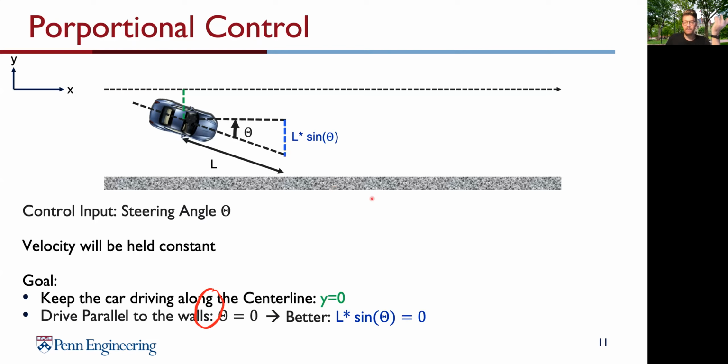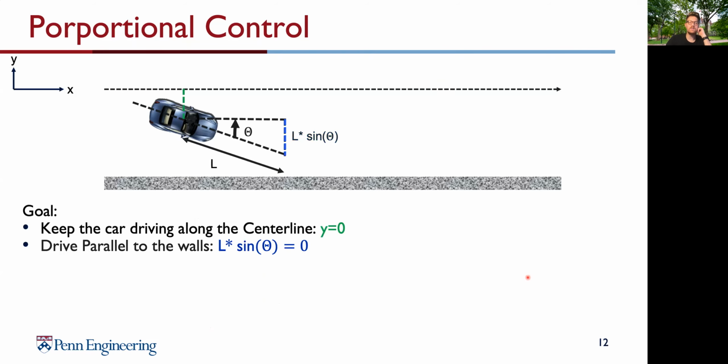So we will minimize the horizontal distance after driving L meters, and this gives our car a little bit more time to achieve the center line and not focusing on theta 0 only here.